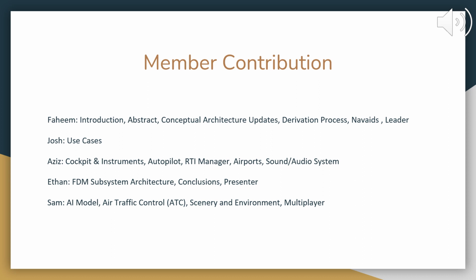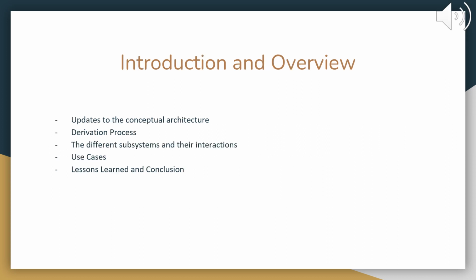And then we've got Ethan, who worked on the FDM subsystem and conclusion, and he's a presenter, and I'm also a presenter. And then we've got Sam, who worked also on the AI model and the ATC, scenery and environment, and multiplayer.